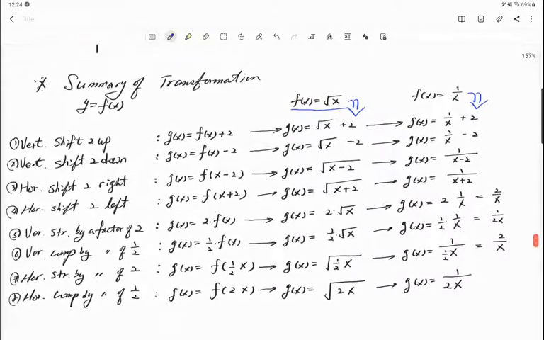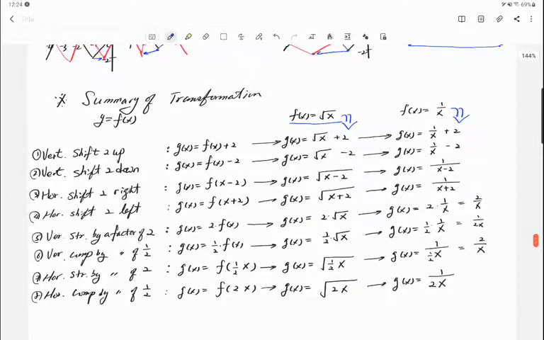Transformation indicates translation, shift, and then stretch or compression. So vertical stretch, vertical compression, horizontal stretch, horizontal compression, shift up, down, or shift right or left. That is called transformation.